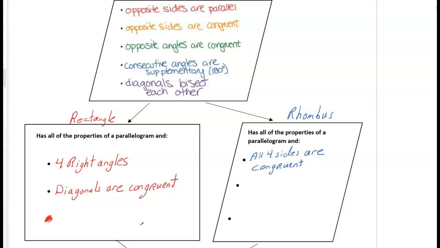The second property that we saw is the diagonals are perpendicular. And the third property we saw is the diagonals bisect the angles.